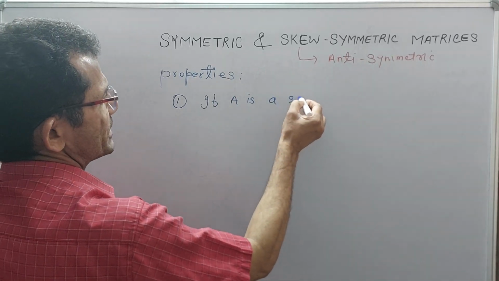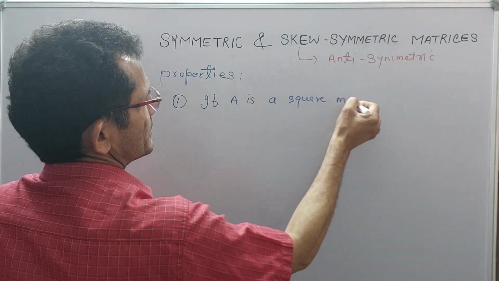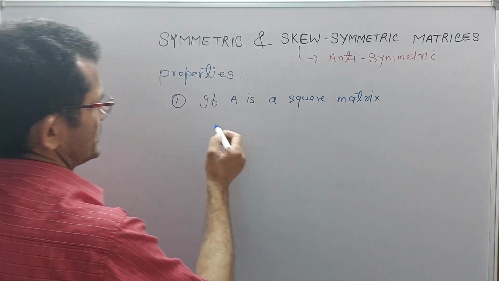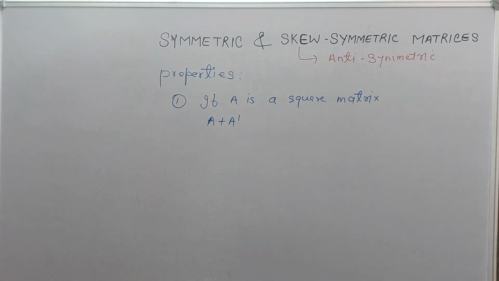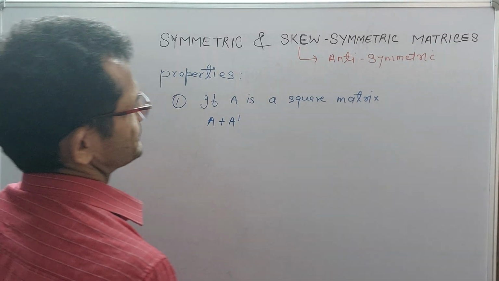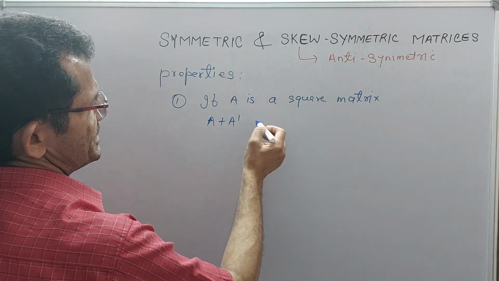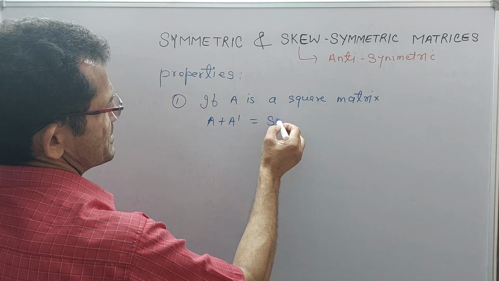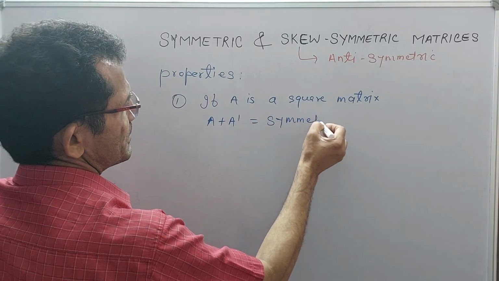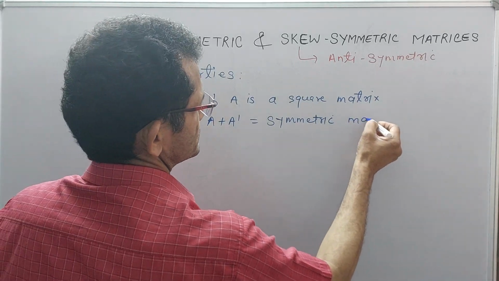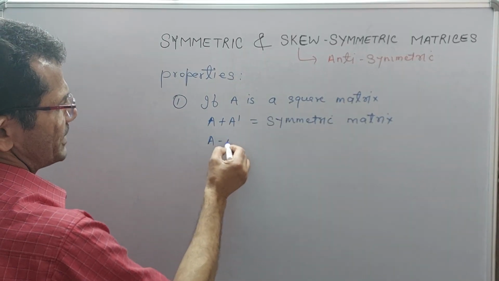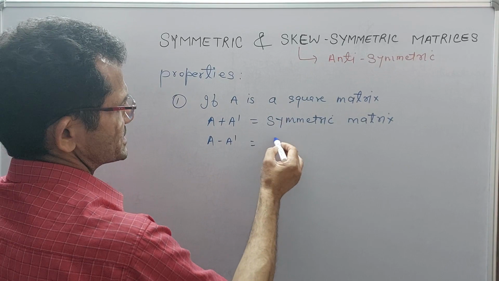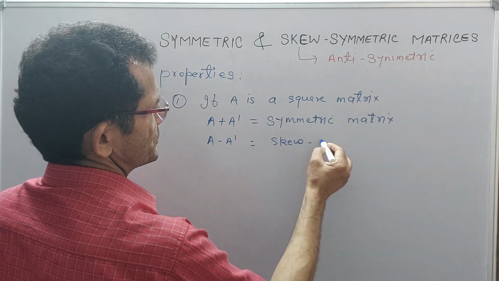Then A plus transpose of A, A dash, will be a symmetric matrix, and A minus A dash will be our skew symmetric matrix.